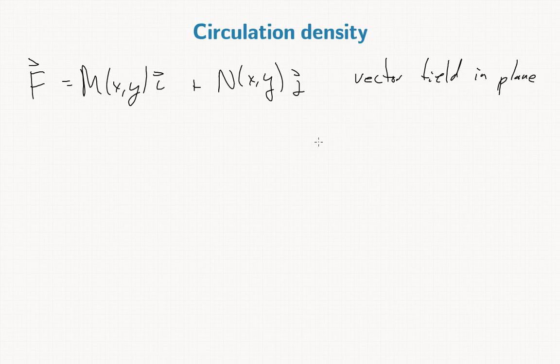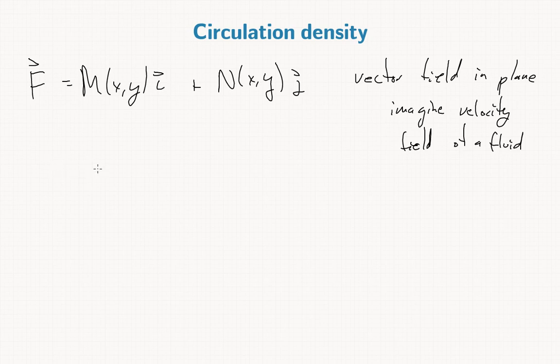So we're only considering 2D vector fields, and we'll imagine that it's the velocity field of a fluid. The math works out regardless of what F is, but this is the case where we have the best physical motivation for it.